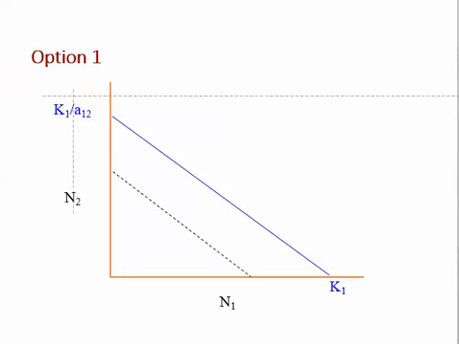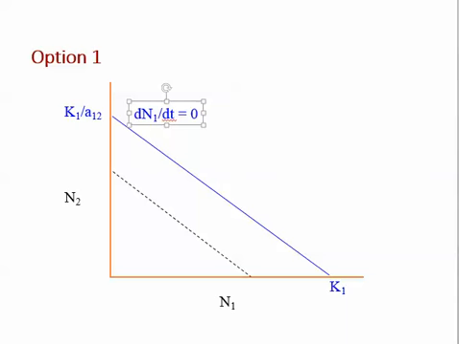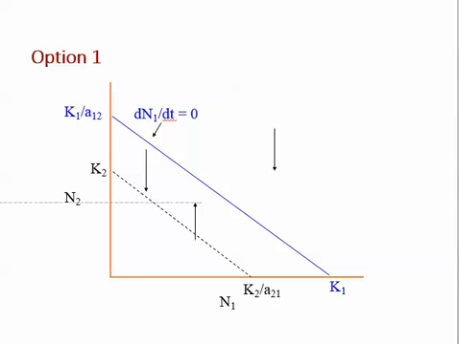But we have then the zero net growth isocline for species 1 shown in the blue line, and for species 2 in the black line, and the numbers representing the intersection points for both of those are exactly the same as the previous 2 graphs. So then we can put in how the population would behave with respect to those places in this graph, and we see that with respect to species 2 in this black dashed line, populations below that black dashed line would increase, and above that would decrease.